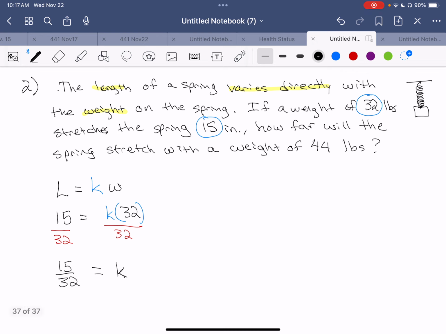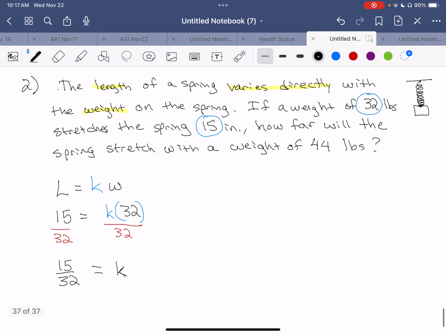So as a fraction, if it was 0.25, you could use the decimal 0.25, but let's keep our proportion right there. So then I go to my new information. So a weight of 44 pounds, and let's plug this in. So length is what I'm looking for. K, I have 15 over 32, and weight I have of 44 pounds.